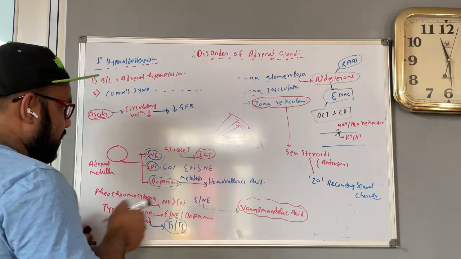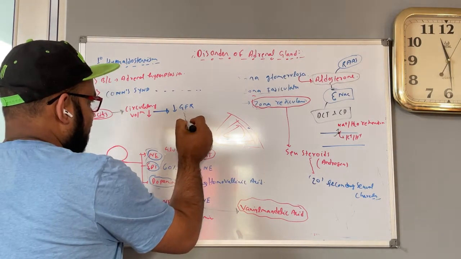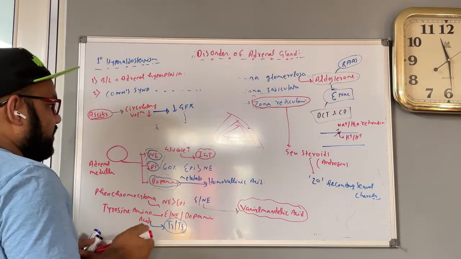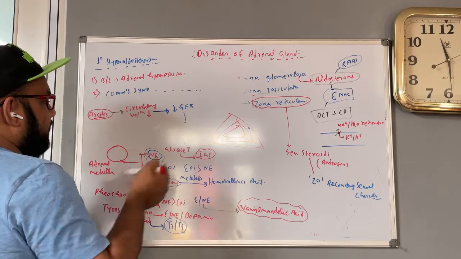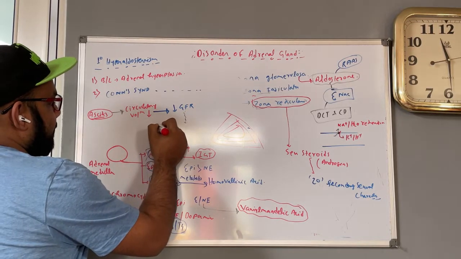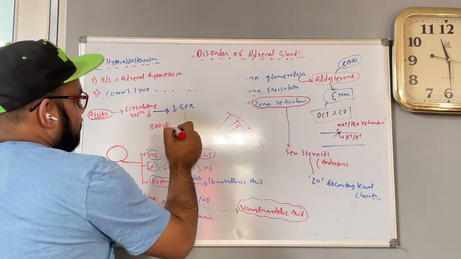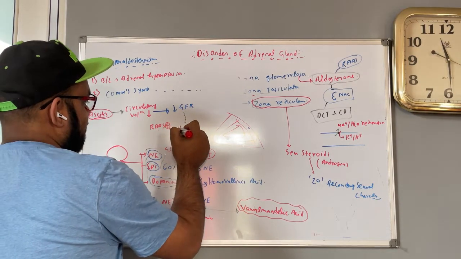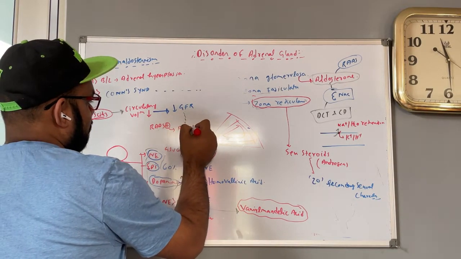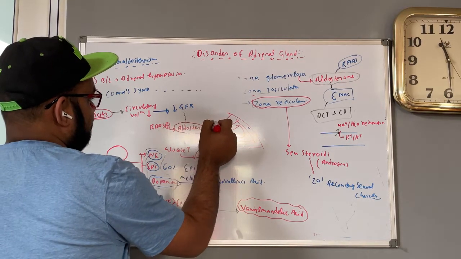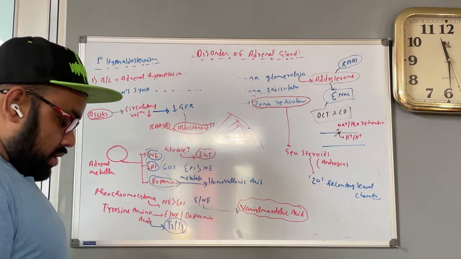And whenever the GFR is less, the RAS system will be activated, right? The renin-angiotensin-aldosterone system will be activated. And whenever it is activated, it will lead to the secretion of aldosterone.